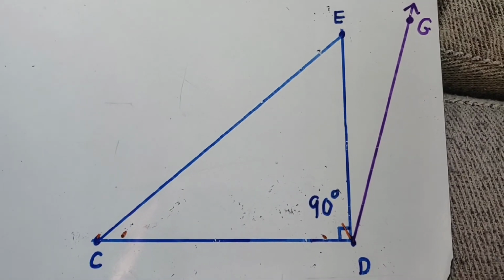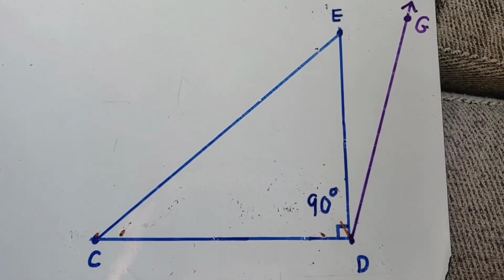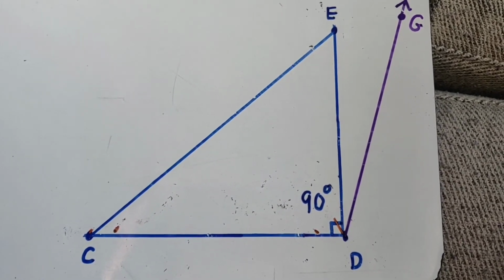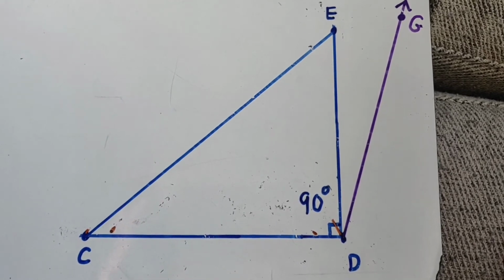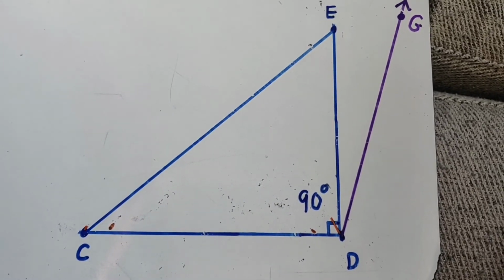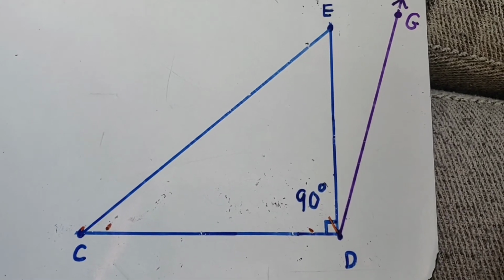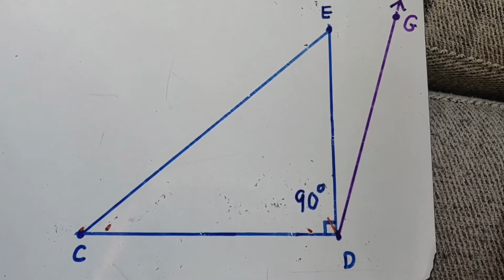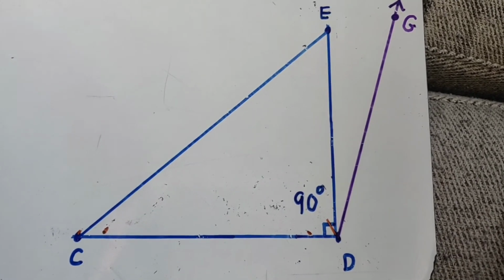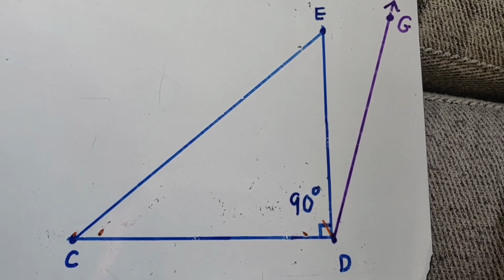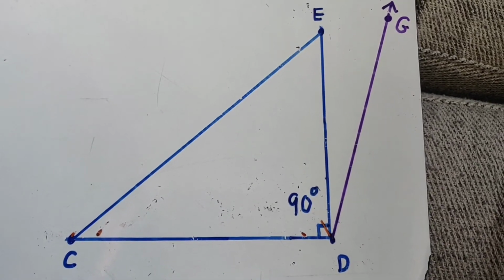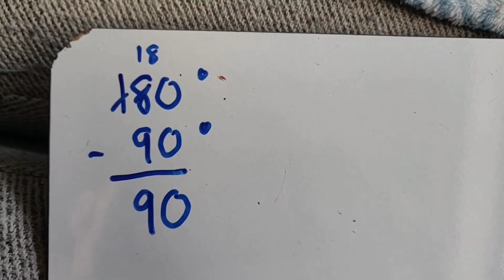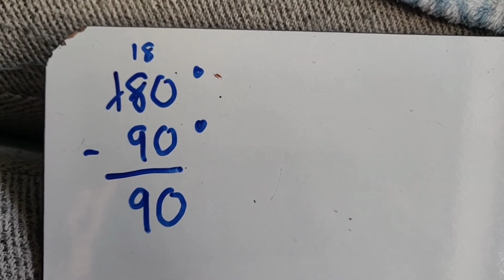And here I have a theory about what the measurement of the other two angles, angle DEC and angle ECD, are going to be. If angle CDE is 90 degrees and all the angles together in a triangle have to be 180 degrees, and since we already have one angle that's 90 degrees, the sum of the other two angles should be 180 degrees minus the 90-degree right angle we already have.